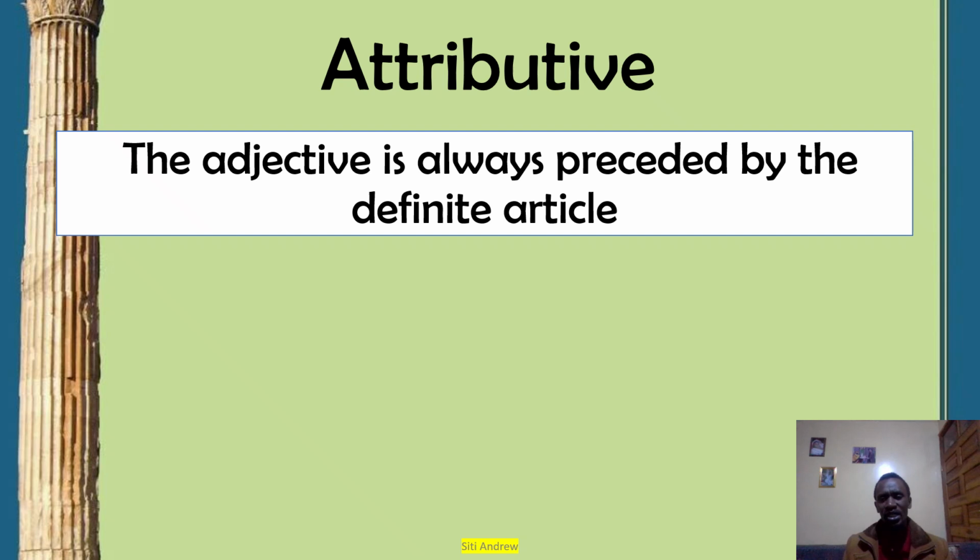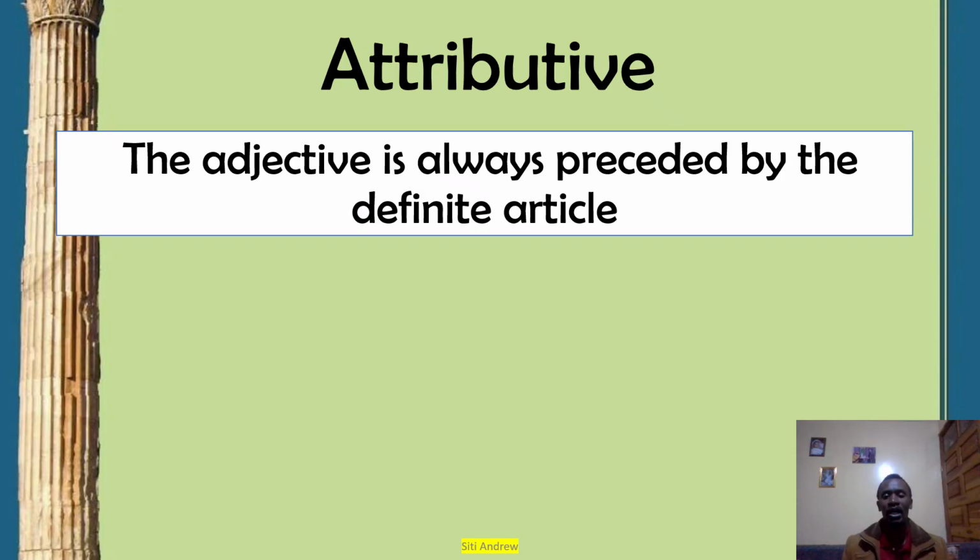So when you see the adjective preceded with the definite article, or in other words, we are saying that the adjective is articular, that is how you know that it functions there as attributive.